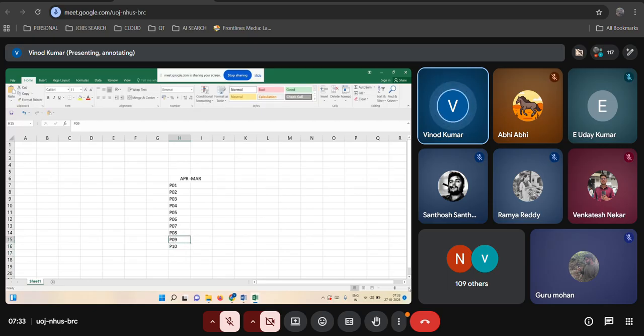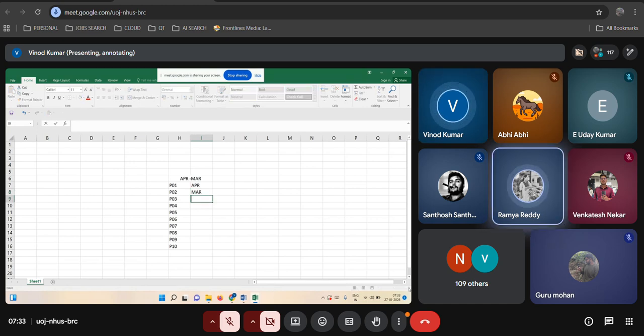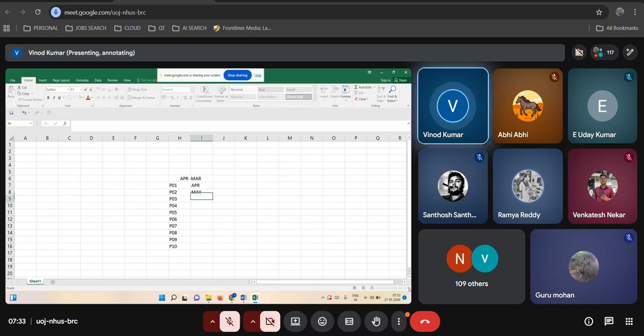How many accounting periods in the first year? April to March, 12. If a company is following April to March, what is the starting period? April. Then May, June, July, August, September, October, November, December.